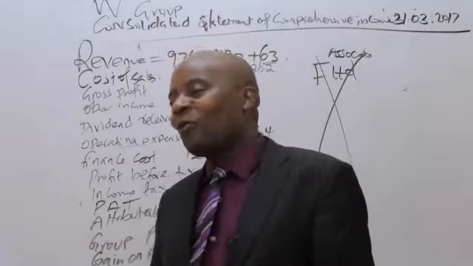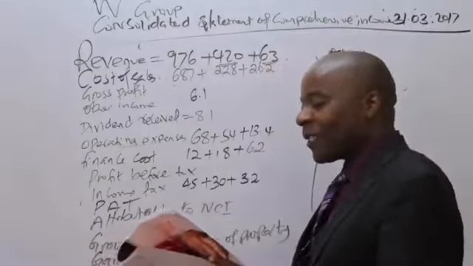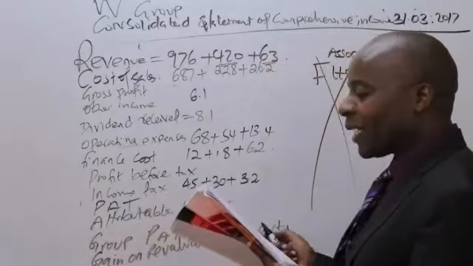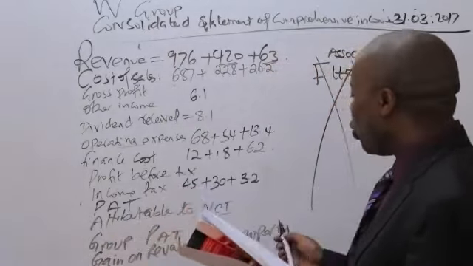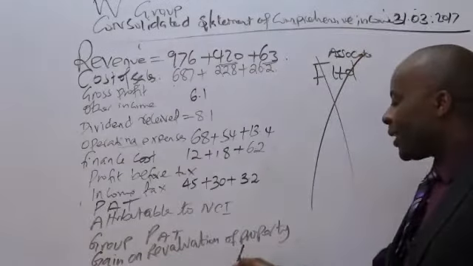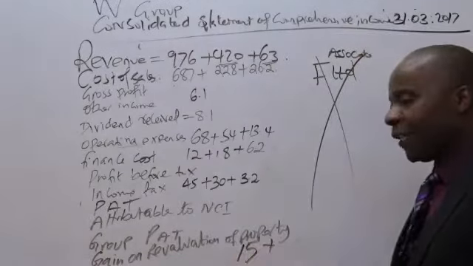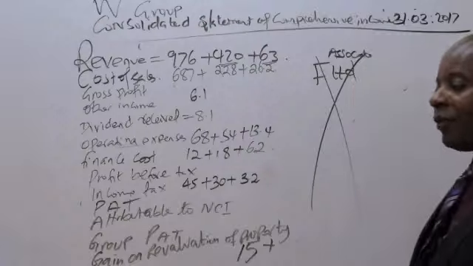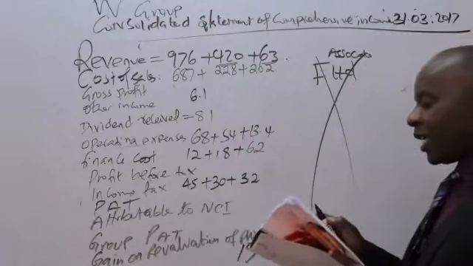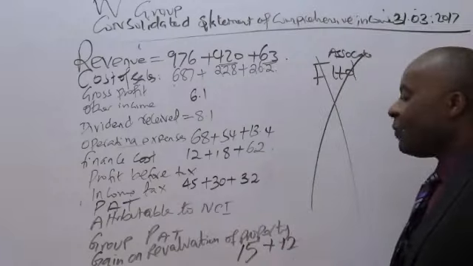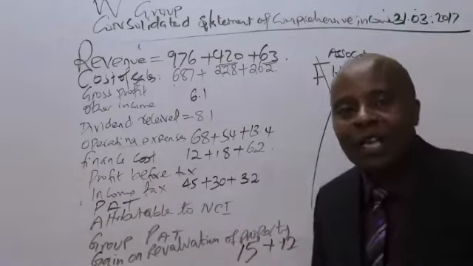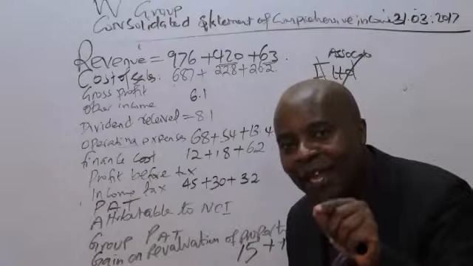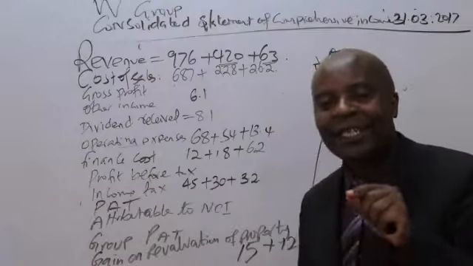What are you supposed to do for other comprehensive incomes? Like this gain on revaluation, you will take the one of the parent. The figure of the parent is 15, right? And then we have the subsidiary. The first subsidiary here is S, which is 12. Remember, for other comprehensive incomes, we don't use time apportionment.